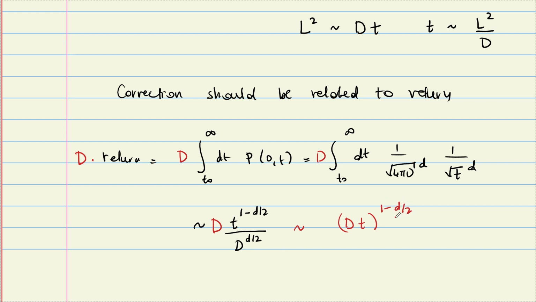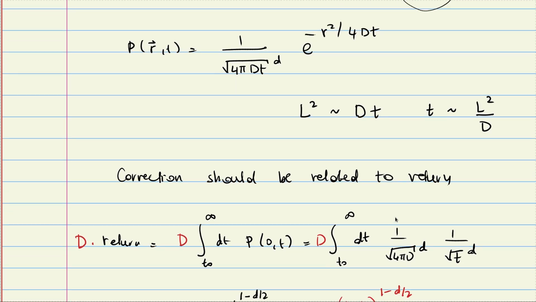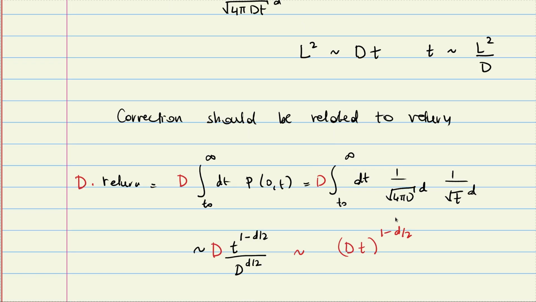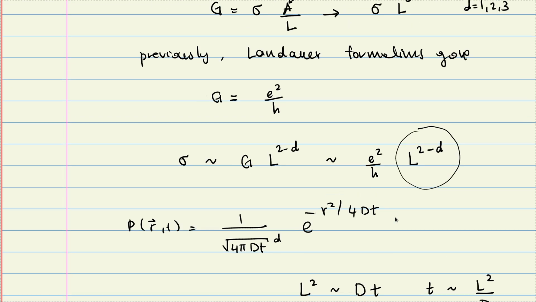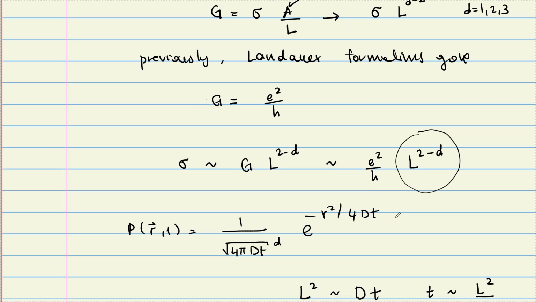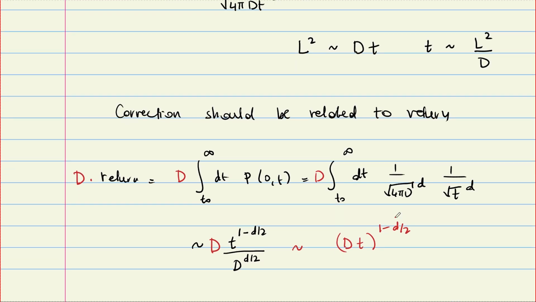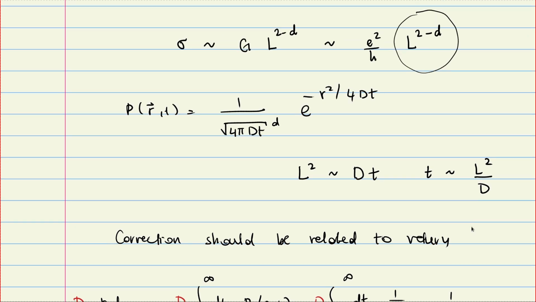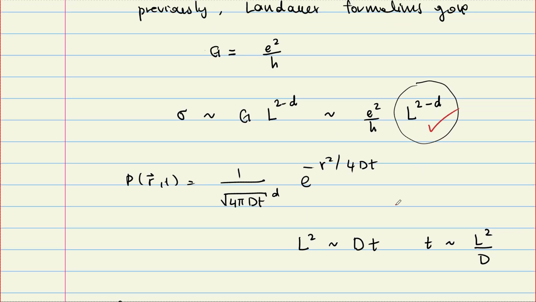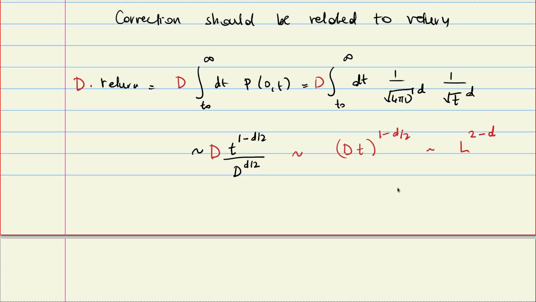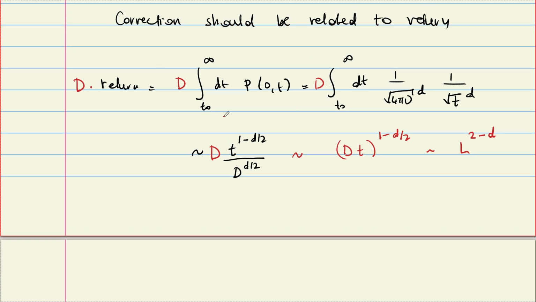Is that correct? Yes. So D times t is length squared, and this thing is length to the 2 minus d, which is exactly what I need. Then this thing multiplied with E squared over H is the correction in terms of units.